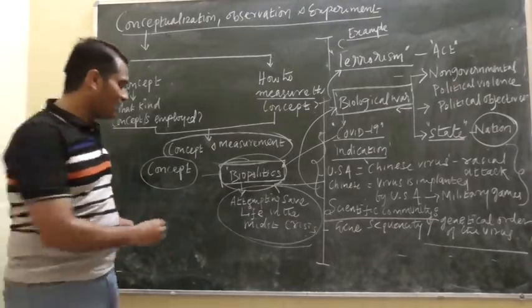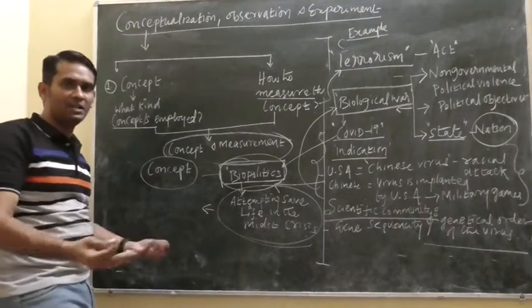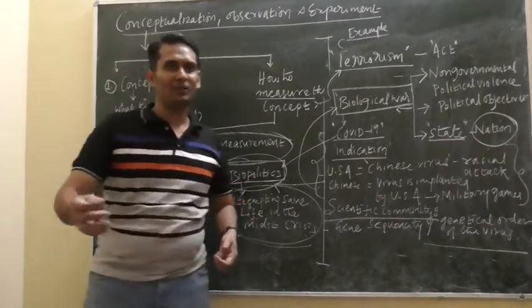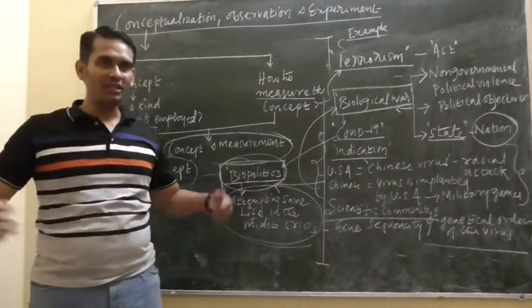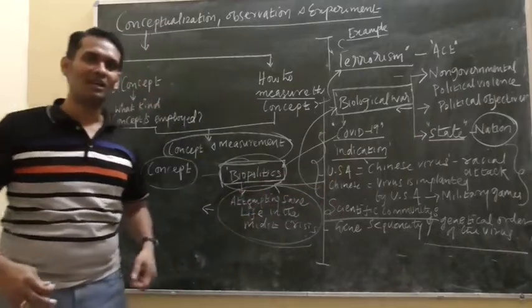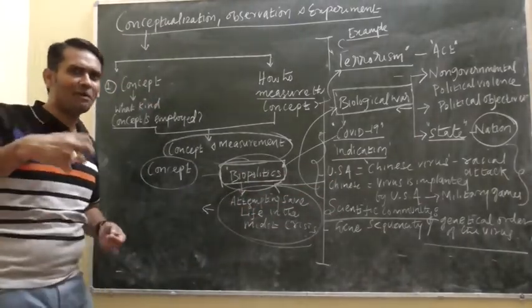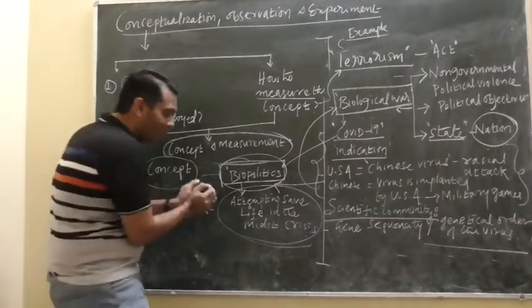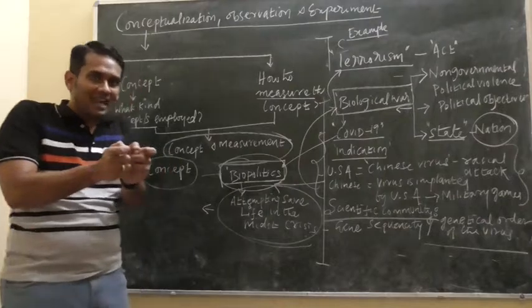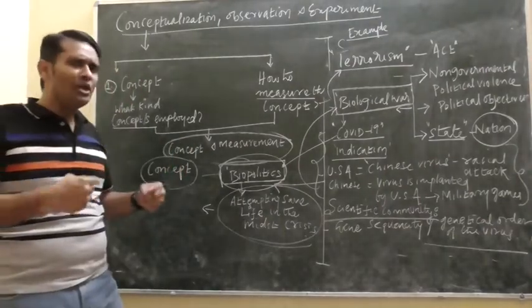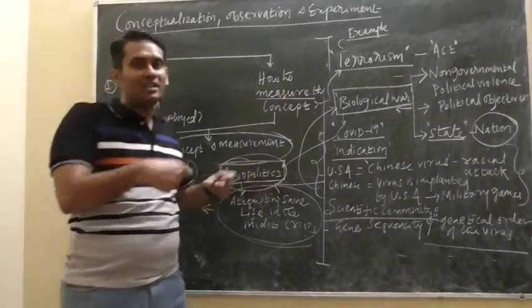For instance, panic buying. What is going to happen in the next 21 days or 30 days? So every family tries to purchase as much as possible, because each family wants to save their life and their children. These are the strategies which individuals employ to save their family and their own life.